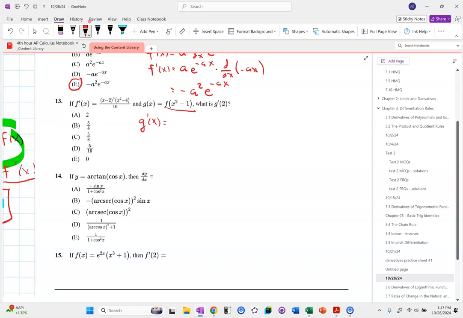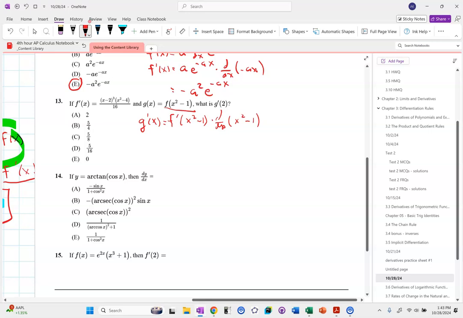So we have to use the chain rule. The derivative of the outside is just f prime, and then times the derivative of the inside. So the derivative of x squared minus 1 is just 2x.